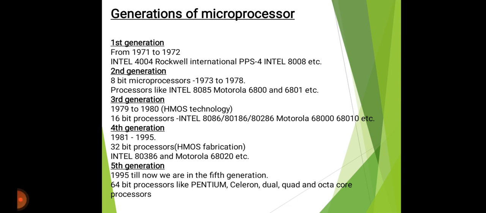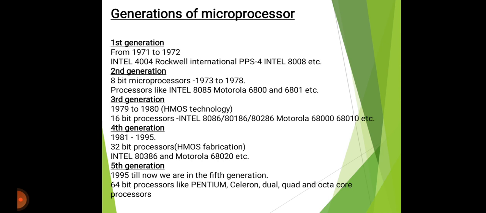In third generation, 16-bit processors are used, and the examples are Intel 8086, 80186, 80286 and Motorola 68000, 68010, etc.